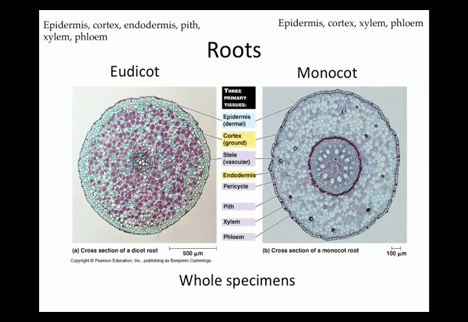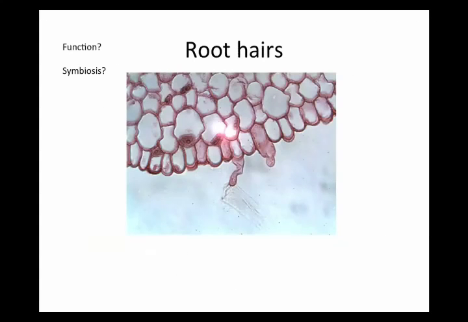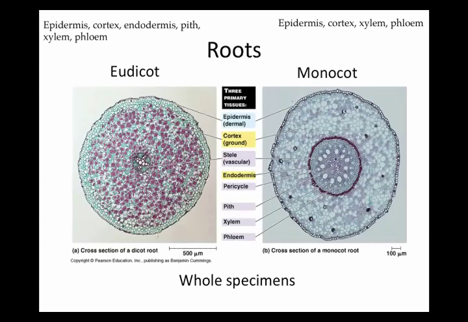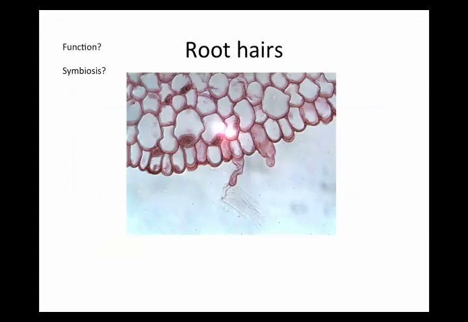So that's the bacteria, the rhizobium bacteria. And then the mycelium is going to be the symbiotic relationship of fungus and root hairs.